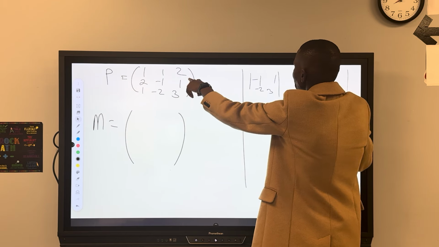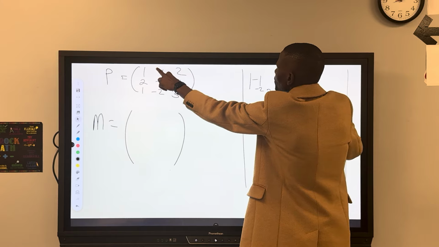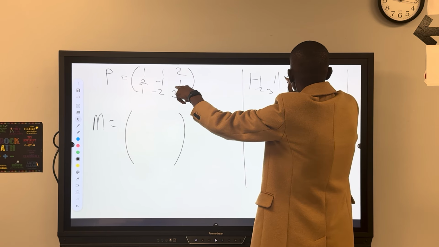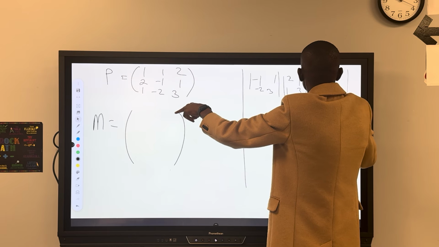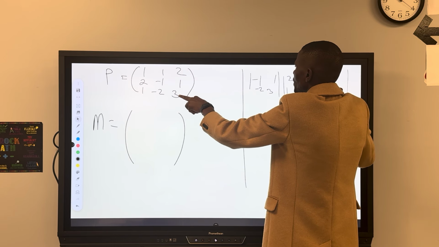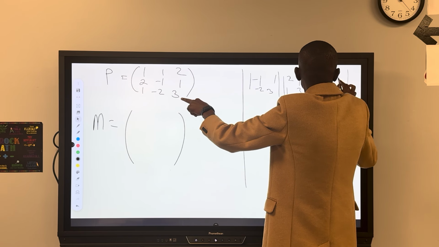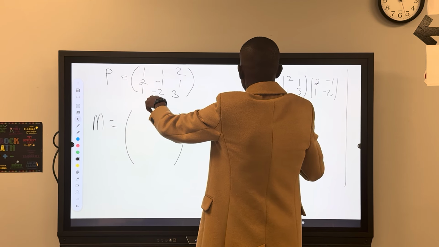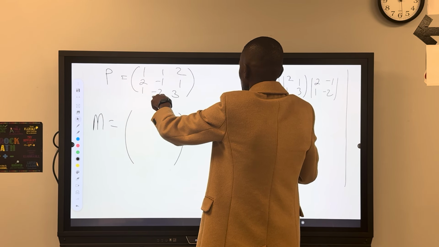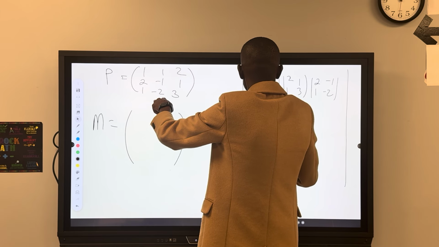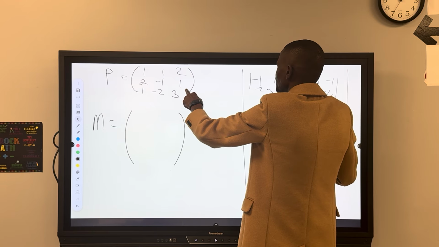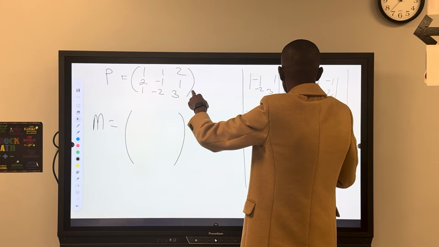Then we do the same. We have 2, 1, 1, 3. Then when we do the same here, we have 2, negative 1, 1, negative 2. Right, we are done with this. Then we move on here. I have 1, 2, negative 2, 3. Then if we do the same, I have 1, 2, 1, 3.